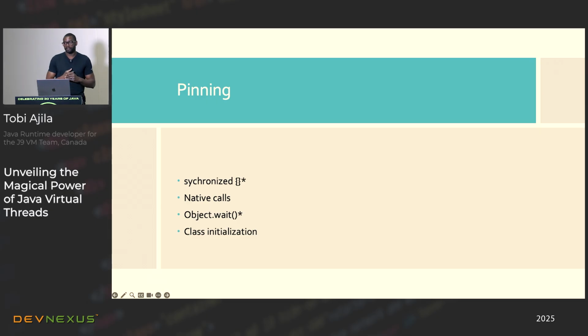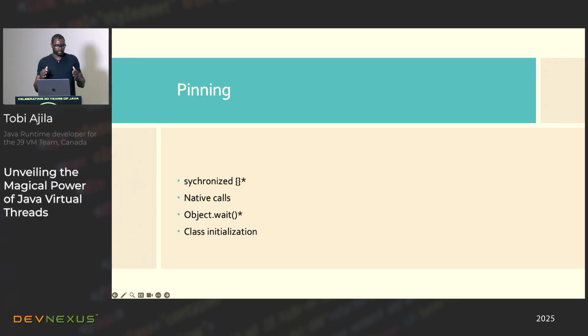It also occurs with native calls. This restriction still exists, and it's probably going to exist for the foreseeable future. So when you call out to native, essentially what happens is you're transitioning from Java code to C or C++ code. And the compiler, the static compiler that compiled that code, essentially manages the stack, where the variables are, etc. So as soon as you enter native code, it's very difficult to stop and resume because you need in-depth knowledge of what the static compiler has done.